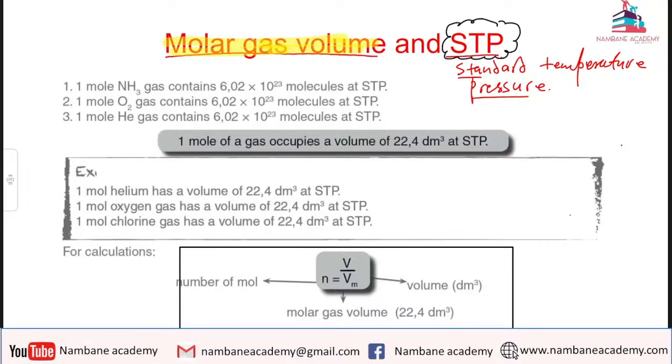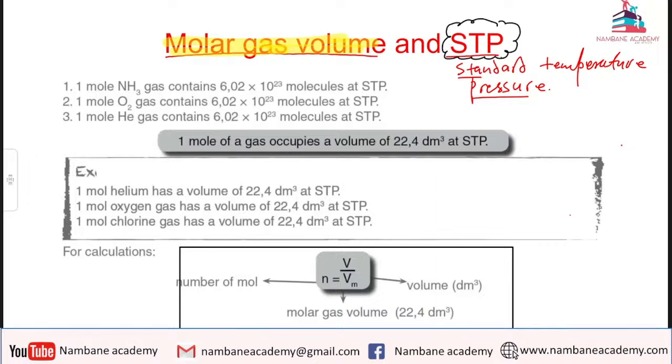So 1 mole of a gas occupies a volume of 22,4 decimeter cubed at STP. So this here now becomes our standard molar volume, which is 22,4 decimeter cubed. But that is when we are told that we are at STP.